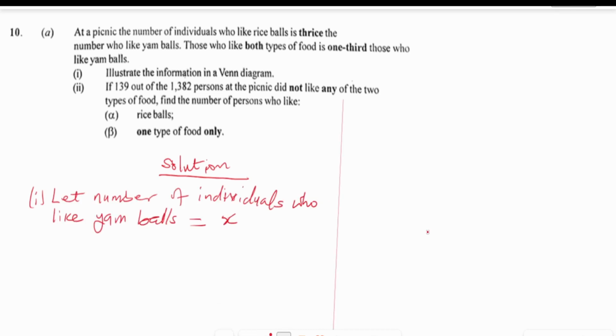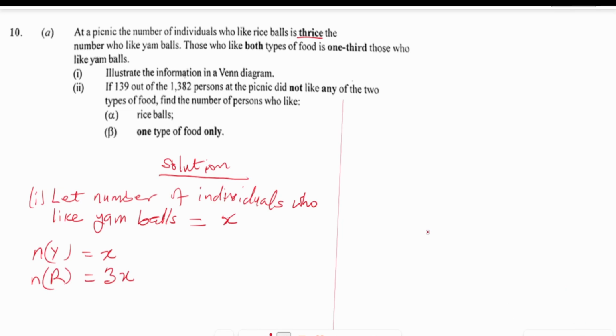Then mathematically, we can write that as number of Y, where Y stands for yam balls, equals X. So that from the first part of the problem, the number of individuals who like rice ball can now be represented as number of R for rice ball equals 3x, because of the thrice the number who like the yam ball. And then continue with the question.